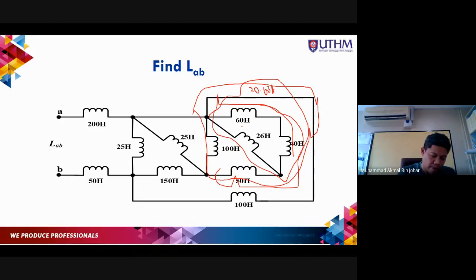This is 150. This is 25. This will become 41.39. Okay, so I can show you. So that 41.39 will be parallel with to here.